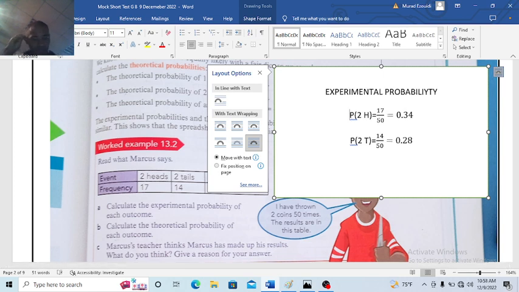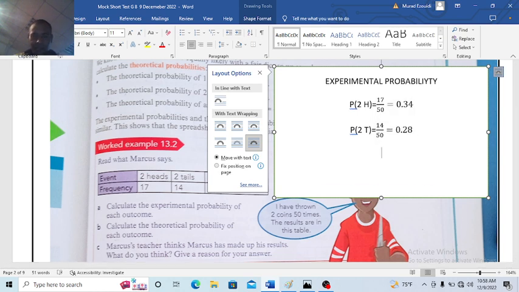Now to calculate the theoretical probability, you will see after that both experimental and theoretical probability are not similar. The possible outcomes, my learners, are first of all HH, then HT, then TH, and then TT. So we have 4.